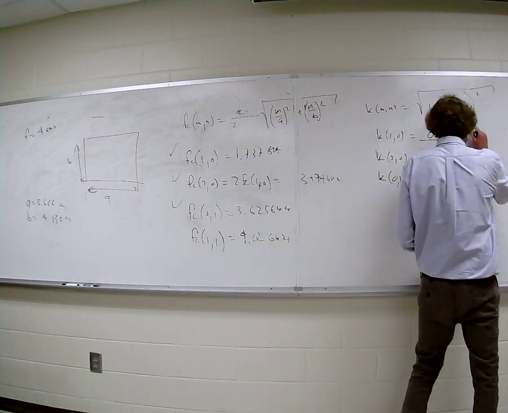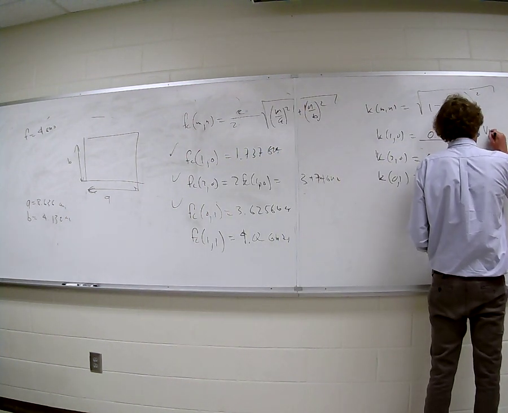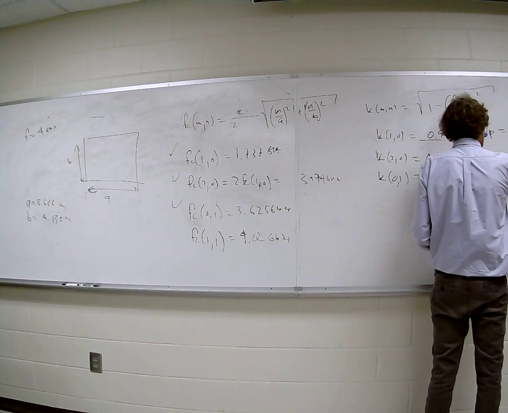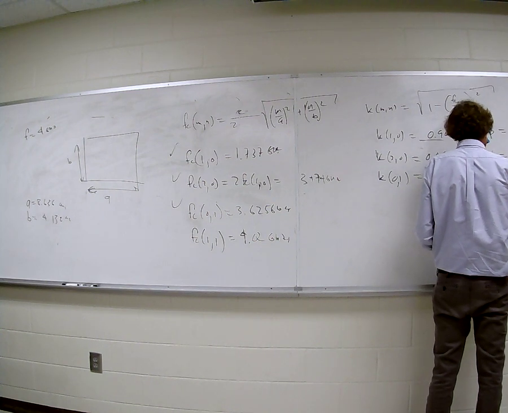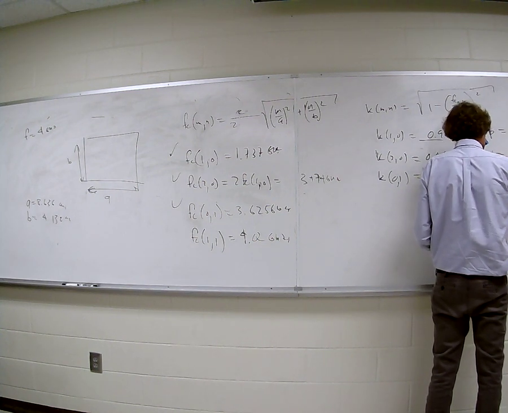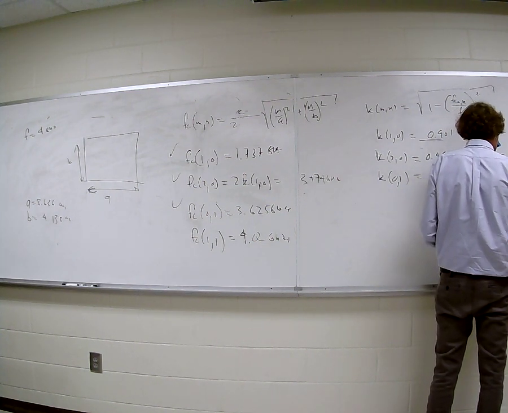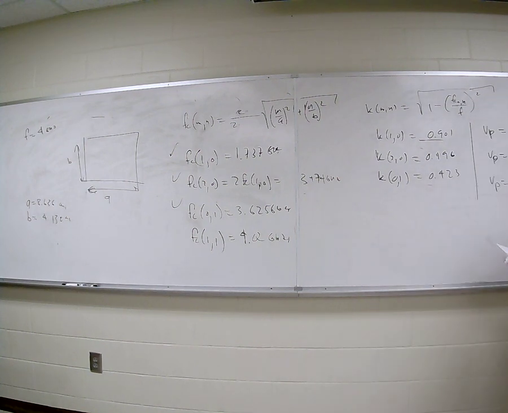Next thing, when I look at phase velocity, right? Phase velocity is going to be C divided by K, right? And for these, the first one is 7.096 times 10 to the 8th meters per second.